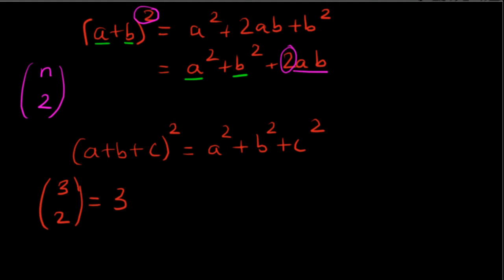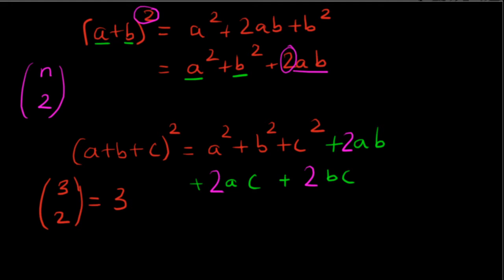For these groups of 2, I'm going to start with A. So one group will be AB. The other group is going to be AC. And the last group is going to be BC. With all of these groups, I need to have a coefficient of 2. So that's how we do it when there are 3 terms.